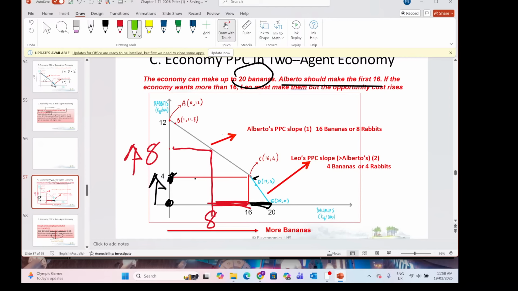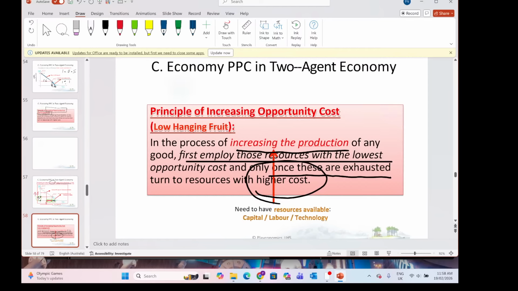The first 4 rabbits I'm circling in green. The opportunity cost is the black one. And then the second 4 rabbits, the difference between 4 and 8, I'm showing in red. So the opportunity cost is rising. When it comes to rabbits, Leo needs to make the first rabbits because he has a lower opportunity cost, and we can see it on our diagram.